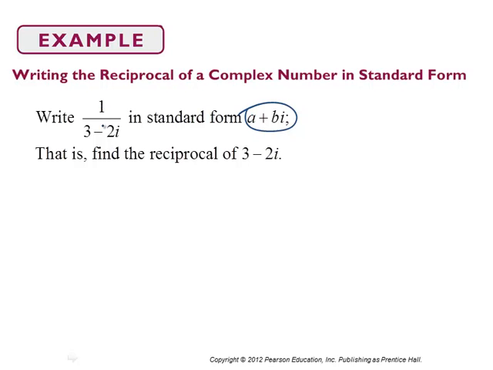What you need to do is multiply the numerator and denominator of this fraction by an appropriate complex number that will turn the denominator into a real number. And as you can guess, we're going to multiply the top and bottom by the conjugate of 3 minus 2i in this example. So we'll take this fraction times 3 plus 2i over 3 plus 2i, which is 1, so you're not changing the value of this complex number. You're just going to change the way it's written.